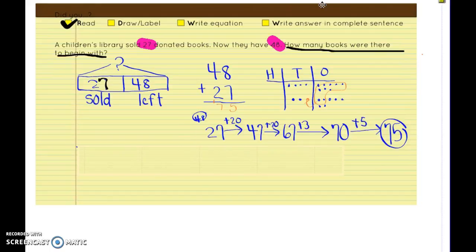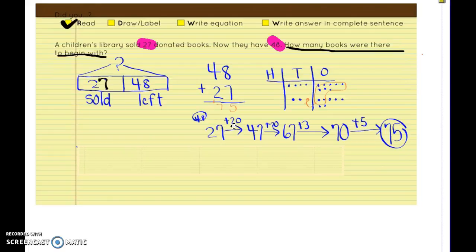Another way that I can solve this is by using arrow notation. I'm going to start with 27 because that is how many the library sold. I know that I have to show 48, so I'm going to be adding up my number on my arrow notation.